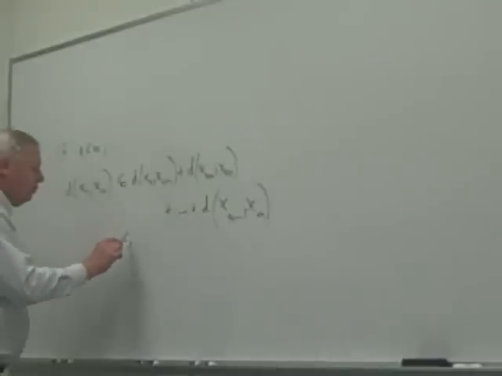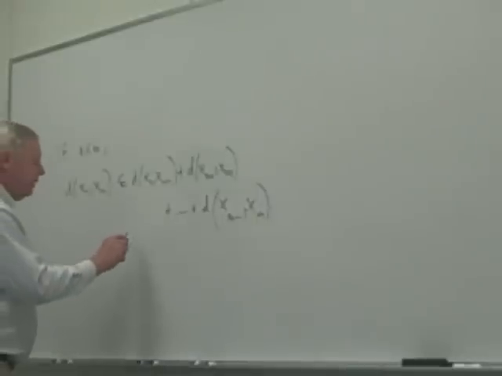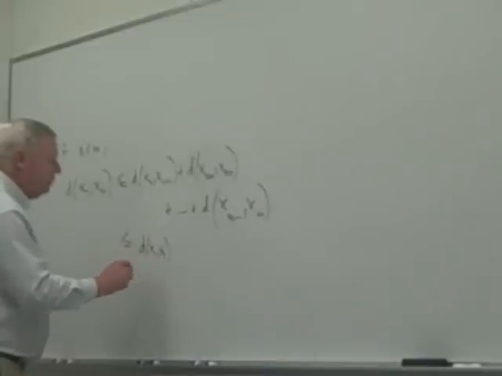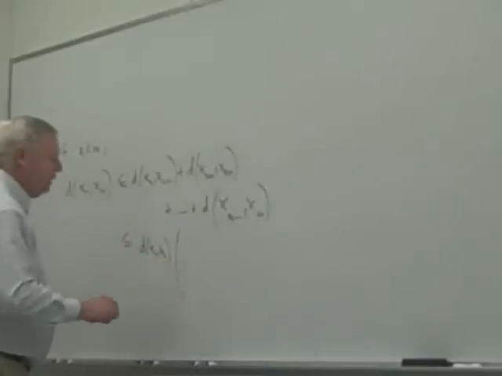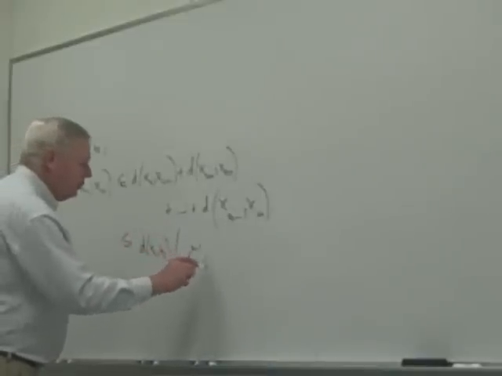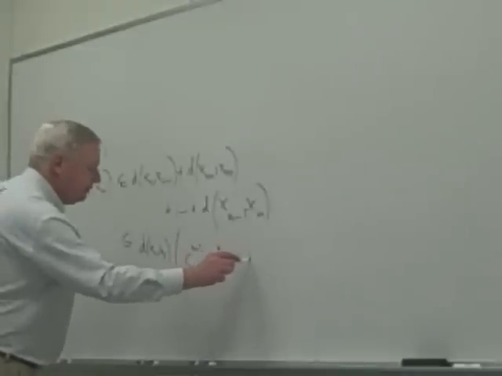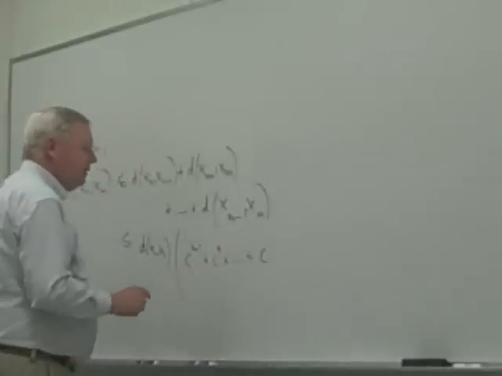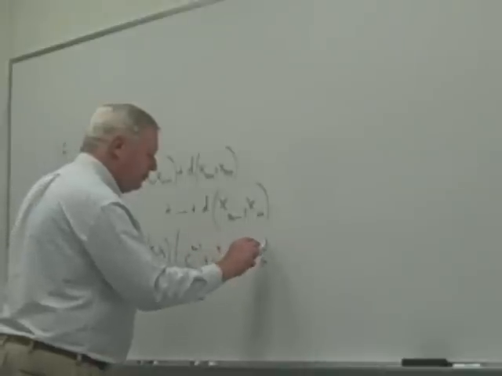Now if we use the estimate that we have at the bottom of the other board, this will be less than or equal to, all of them will contain a factor of the distance between x1 and x2. So this will be the distance from x1 to x2 multiplied by c to the n minus 1 plus c to the n plus up to c to the m minus 2.